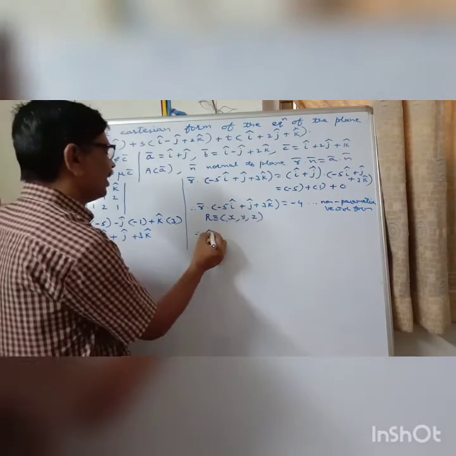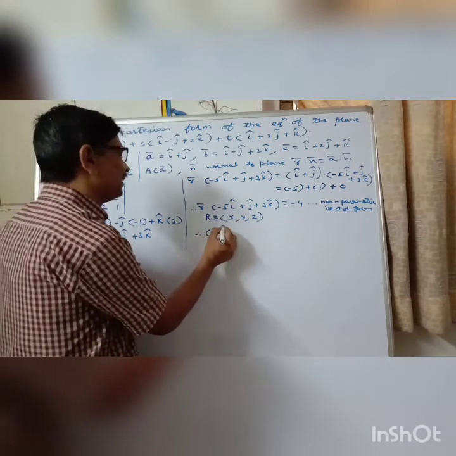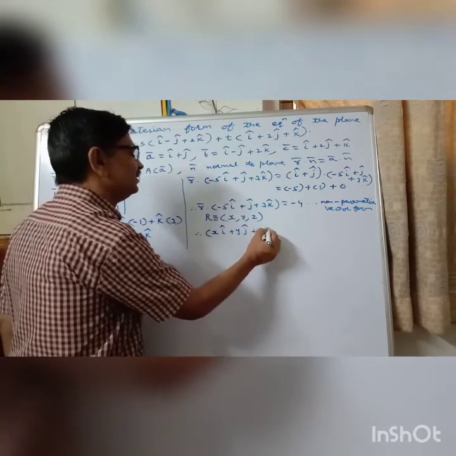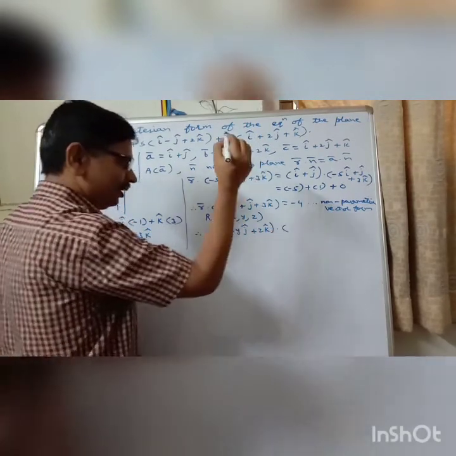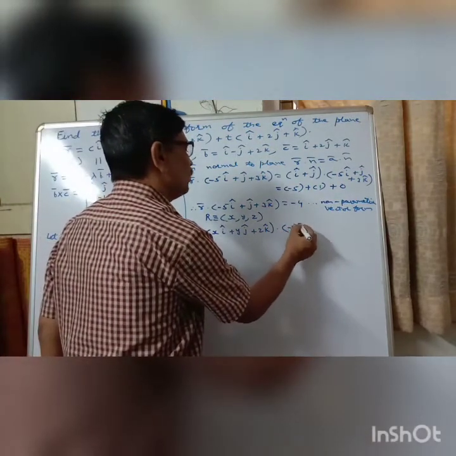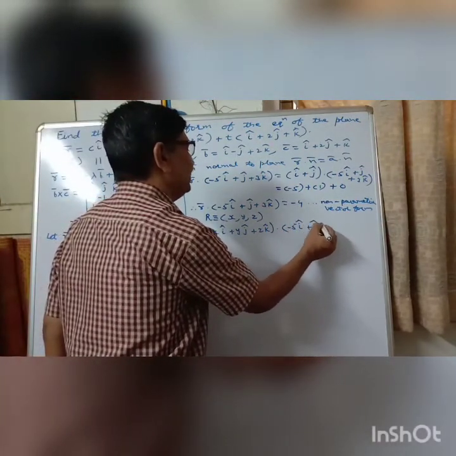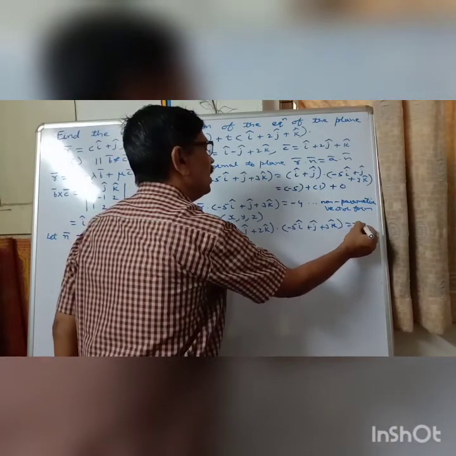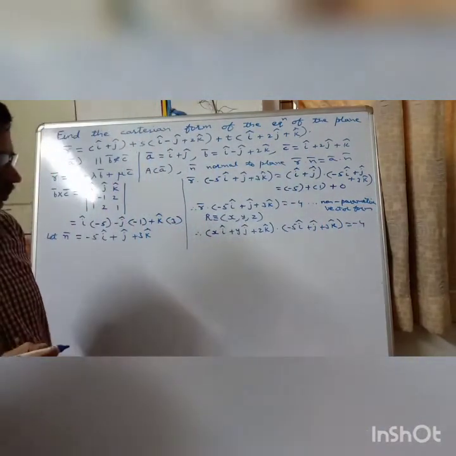So write down vector R bar in bracket x i cap plus y j cap plus z k cap dot in another bracket minus 5 i cap plus j cap plus 3 k cap equal to minus 4.